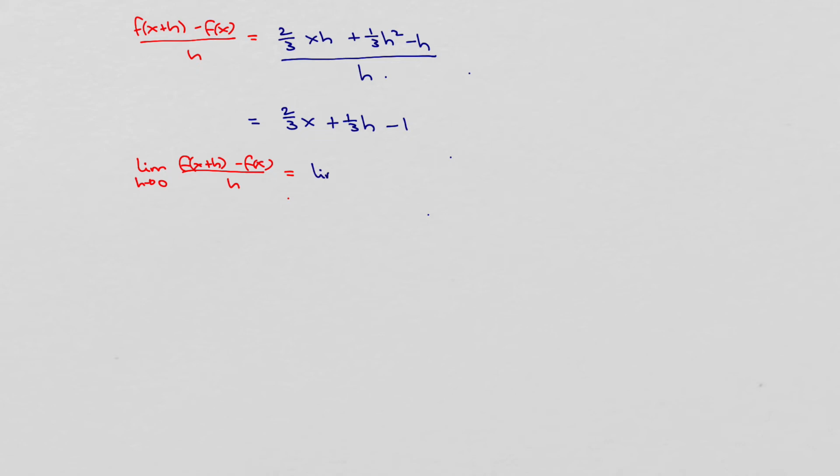So that means I'm getting the limit as h tends to 0 of 2/3 x plus a third h minus 1. So wherever there's a h, I'm going to let that equal to 0, and therefore that will give me my first derivative from first principles to be 2/3 x minus 1.